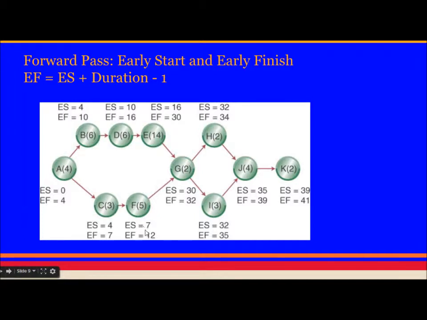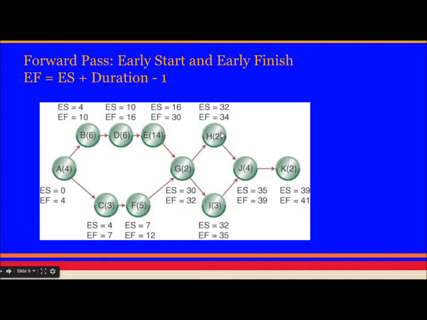So it can start at 7. When can G start? Can G start at 7 plus 5, 12? No, because G has to wait for E to be completed. And E can complete only at 30. And when it completes at 30, G can start. So there is a slack time in moving from F to G.